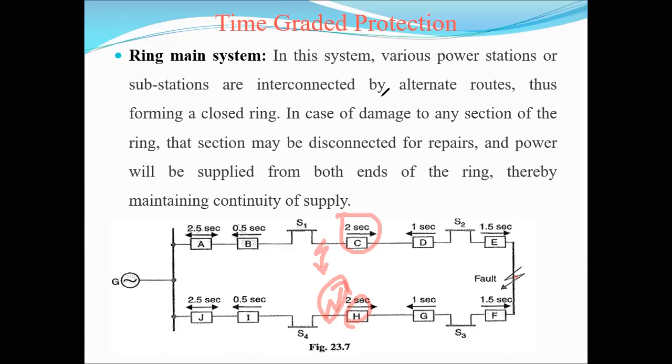But in the case of a radial system there is only one feeder line. That's why there is one source from the generating point to the substation. That's why we do not give 100% continuity of the supply.